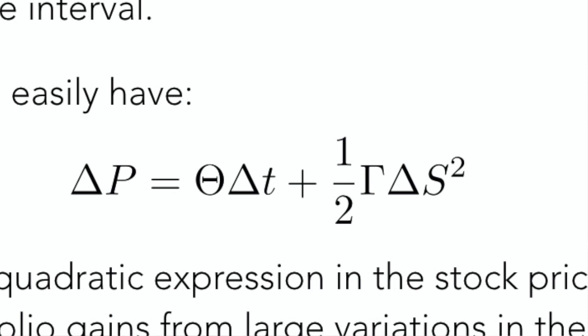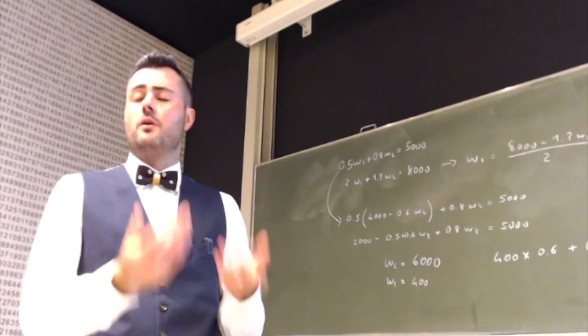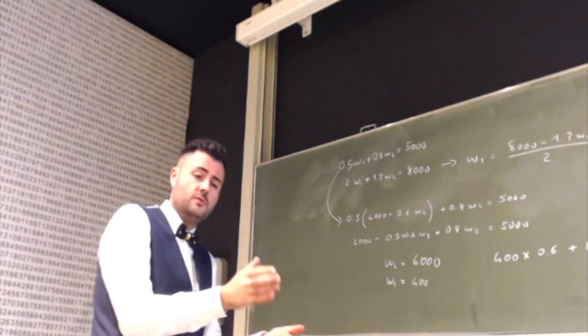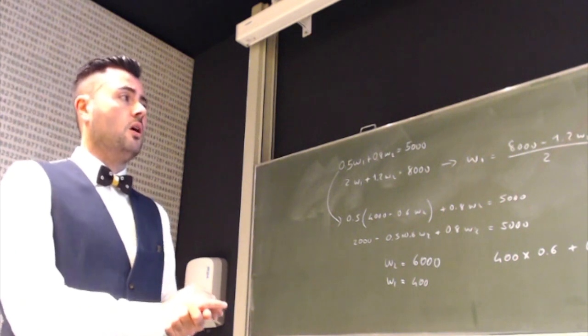So I can rewrite everything in this form. I can take that the value of my portfolio changes as a function of the change of time and the change in the square of the prices, so large deviations of the prices, because delta is 0. So the small deviations are already taken care of.